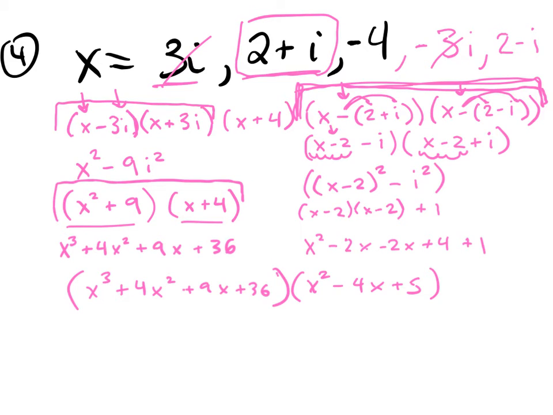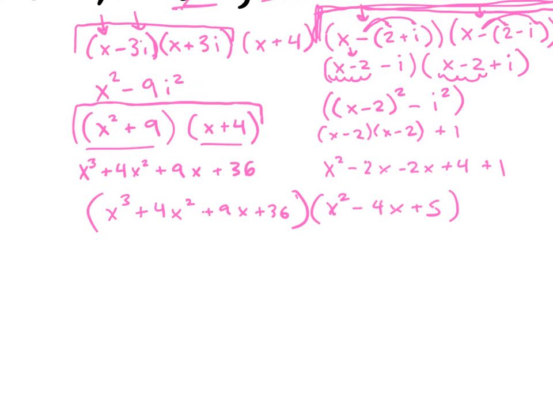Now we need to multiply the two of these out together. So I'm going to start with our x cubed. Every term in our first parentheses has to be multiplied to everything in our second parentheses. So x cubed times x squared is x to the 5th. X cubed times negative 4x is negative 4x to the 4th.